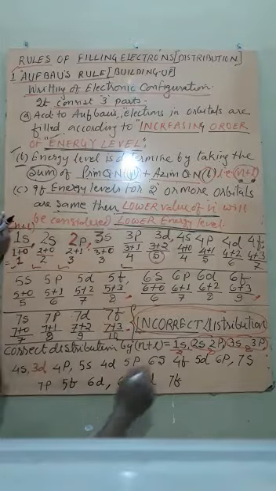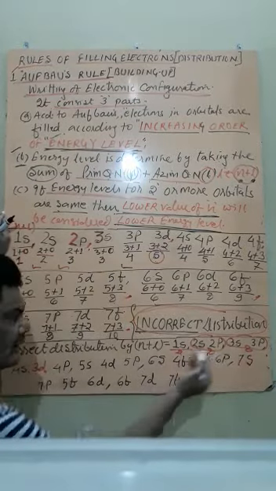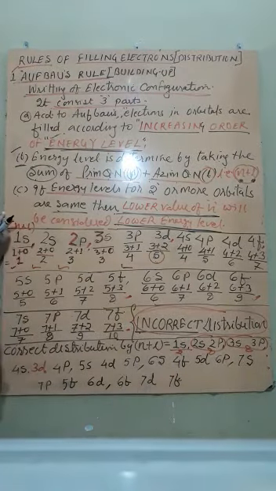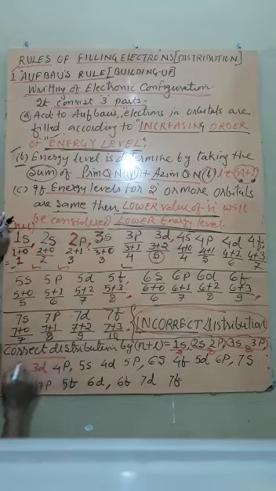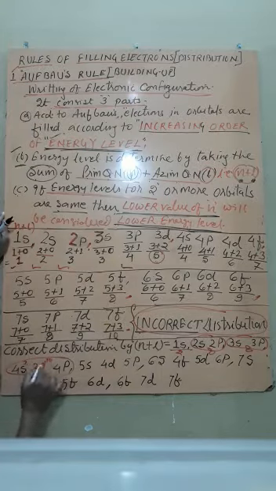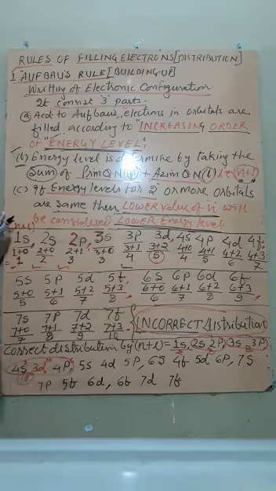So now 2, 8 and 8, first orbit, second orbit, third orbit. Now the fourth orbit, again 4s, 3d, 4p, they are in one orbit, that is the next orbit. So the total number of electrons is 2 plus 10 plus 6 is equal to 18. So there are 18 electrons.